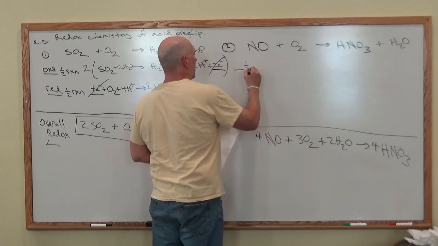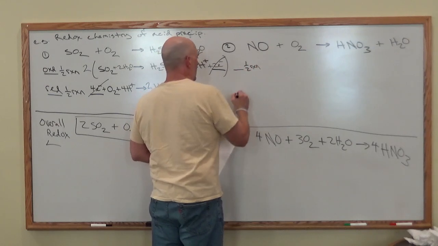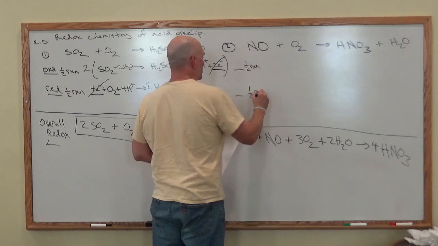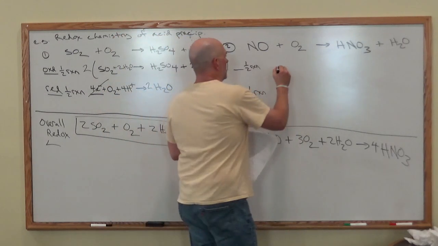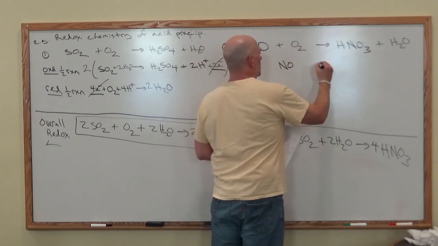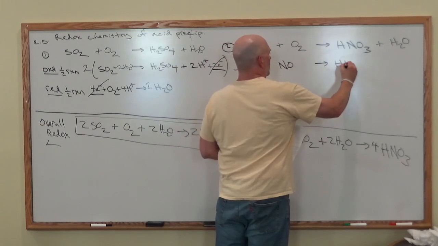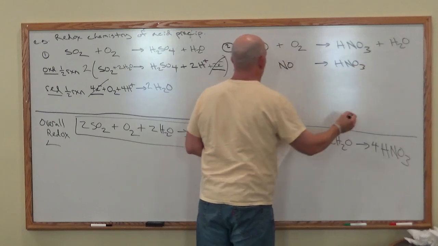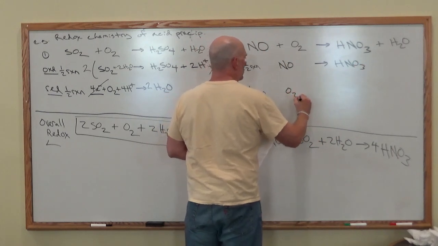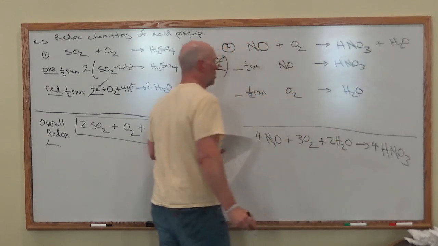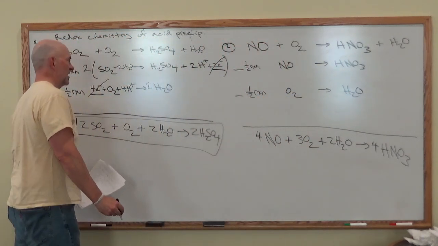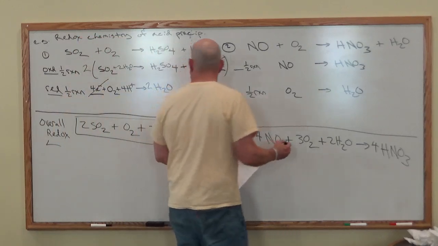So we have one half reaction, the other half reaction. So NO goes to HNO3, O2 goes to H2O. Oh, guess what? That's going to be the exact same equation, isn't it?